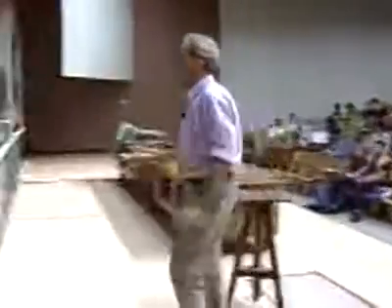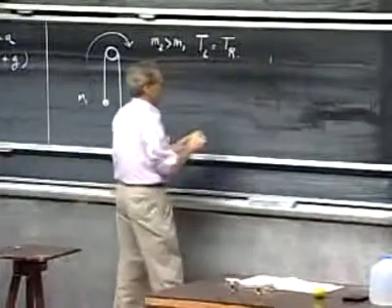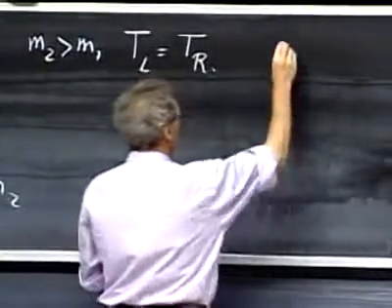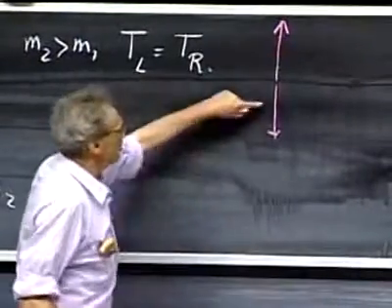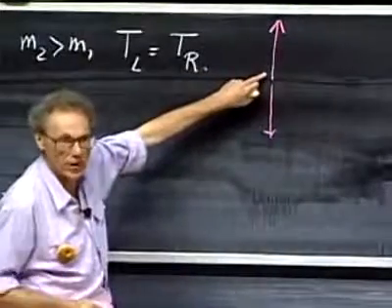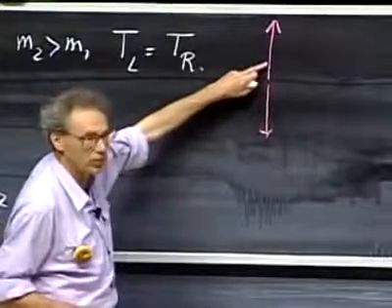Take a little section of the string here, a teeny little section. If there is a tension on it, there is a force in this direction, and there is a force in this direction, these two could never be different, because then this massless string would get an infinite acceleration. So there can never be a change in tension from this side of the string to the other.